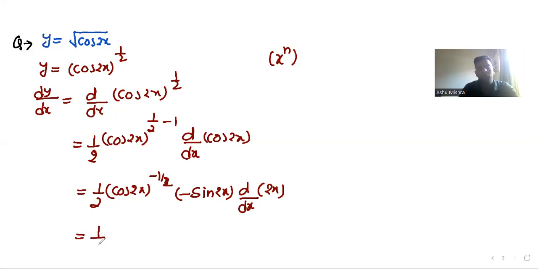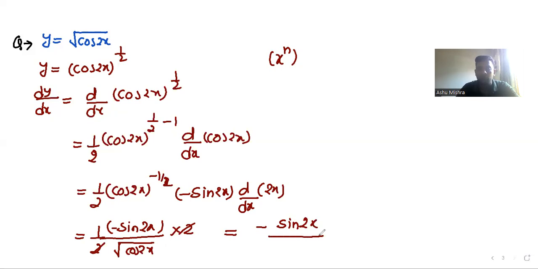That means 1 upon 2 minus sin 2x upon under root of cos 2x, and the derivative of 2x is 2. The 2s cancel out, and this will be equal to minus sin 2x over under root of cos 2x, which is your final answer of this type of question. This is known as the chain rule of derivative.